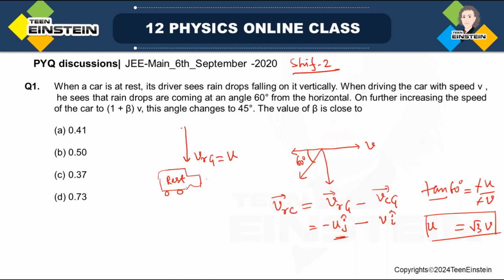Now the condition is that when the driver further increases the speed of the car to 1 plus beta times v, this angle changes to 45. The angle that the rain makes with the horizontal becomes 45°.